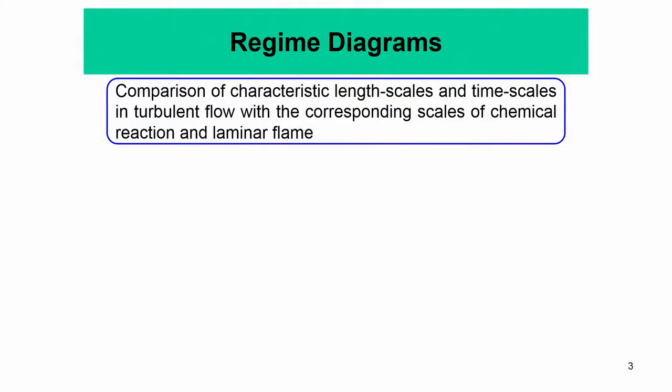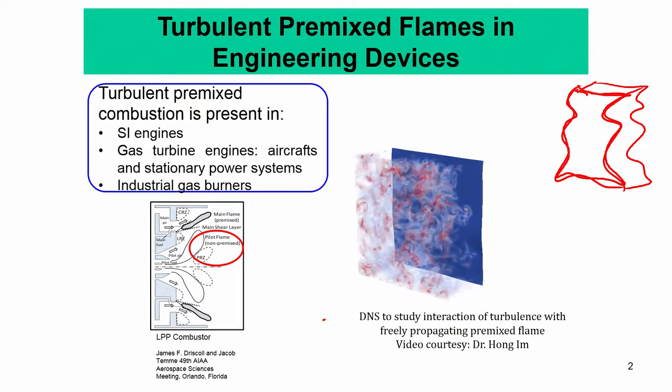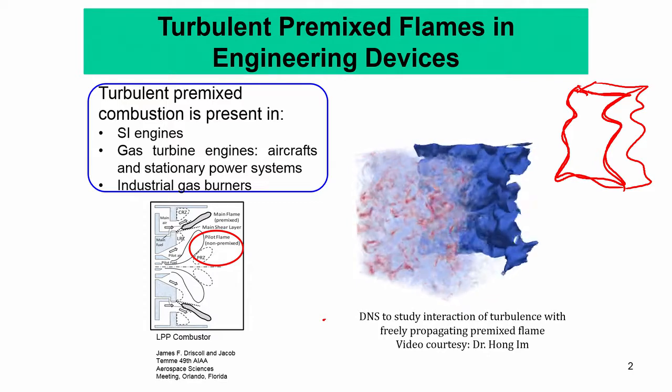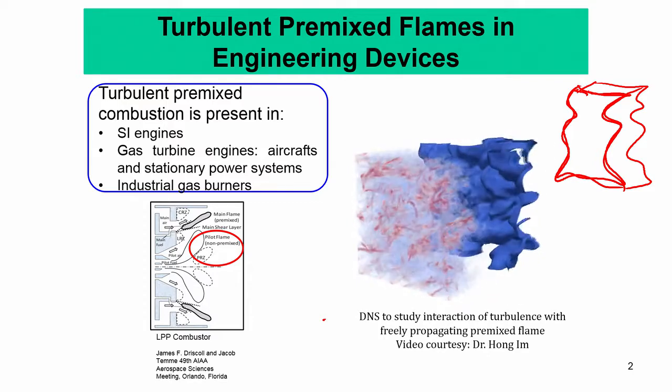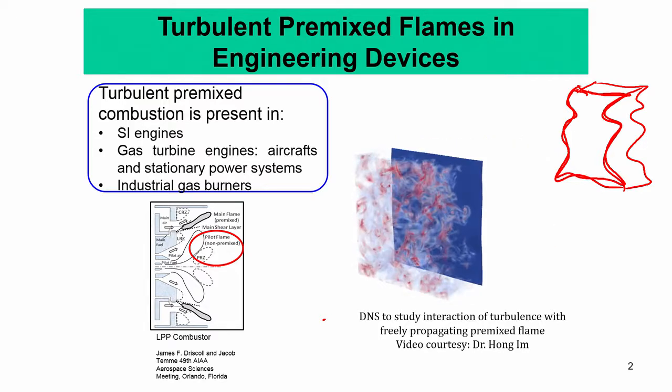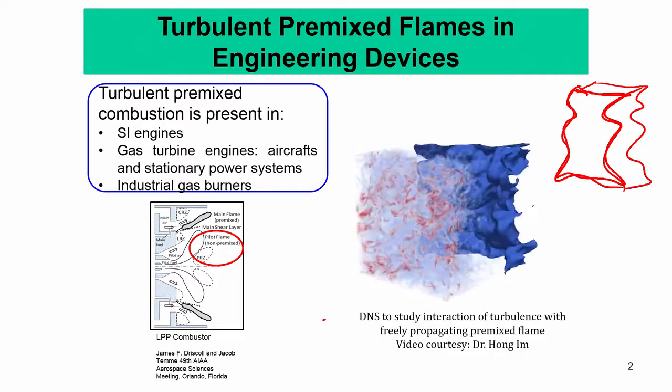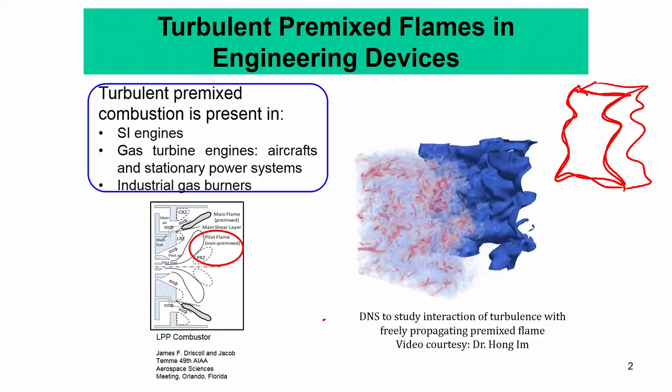This video is obtained by doing direct numerical simulation with all detailed chemistry and everything, but you can capture this sort of motion of a flame using the G equation. So, that is the very powerful nature of the G equation, and next we will take up the progress variable modeling.